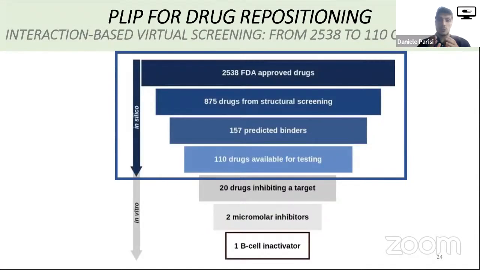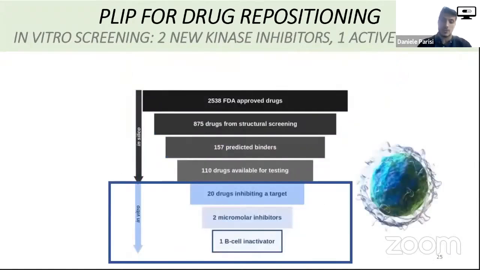Using those 22 kinases, we went on PDB and found their structures. We carried out this virtual screening with this pipeline, and we selected 110 drugs that we could then test. After the in vitro testing, we had 20 out of 120 available drugs that were actually able to recognize and inhibit the kinase target.